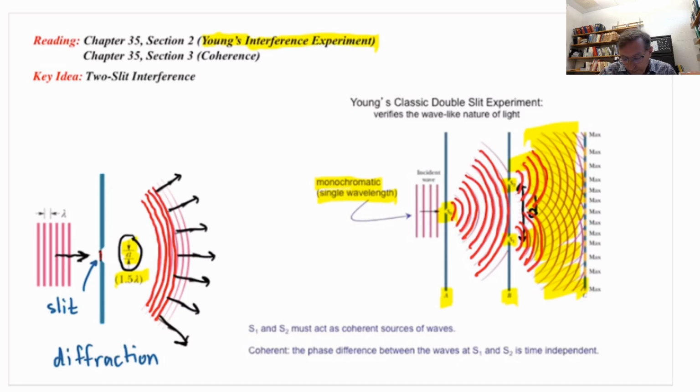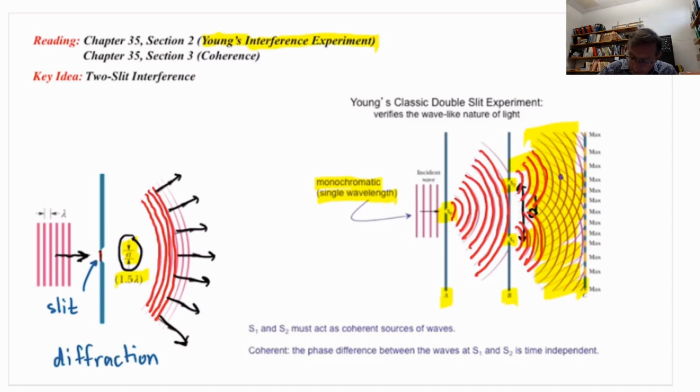Two. And so, if you pick any point whatsoever in space and put a screen there, like maybe right there, so the light can hit it, you will expect to see, if indeed light is a wave, interference.